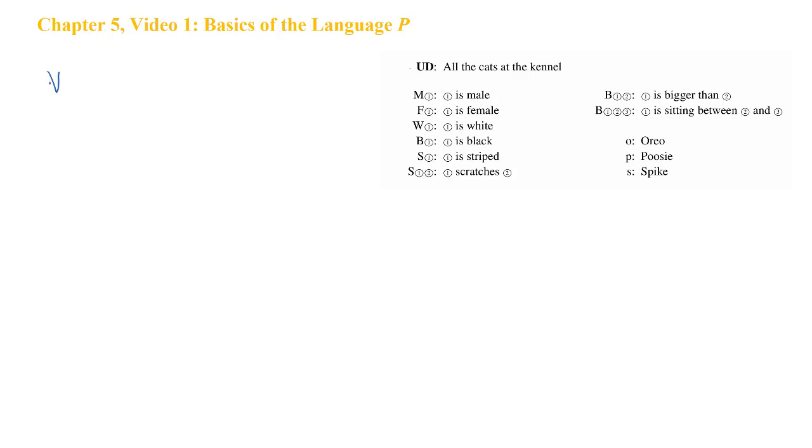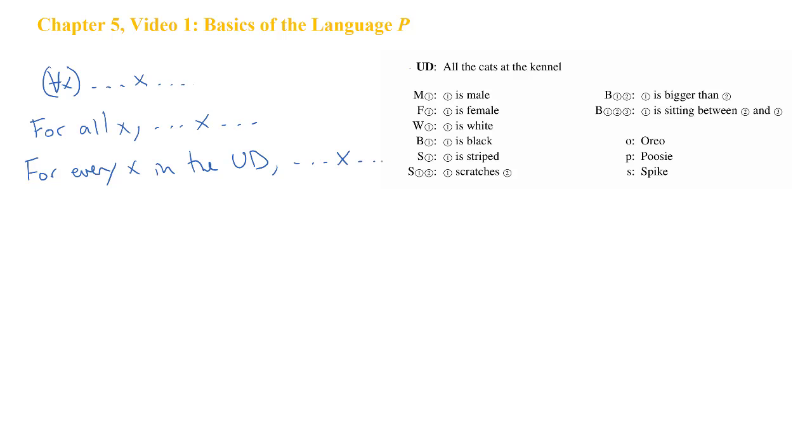So if we have a universal x quantifier with some phrase after it that's also going to contain a matching x variable, we could read this as for all x, something about that x, or more officially, for every x in the universe of discourse, something about that x, or more simply, all x, something about that x.